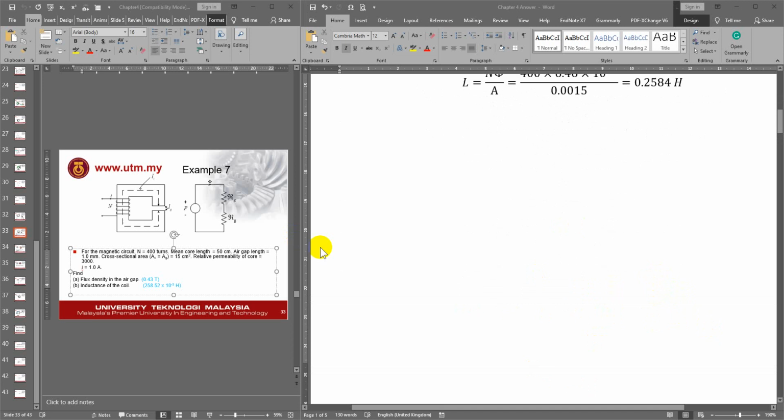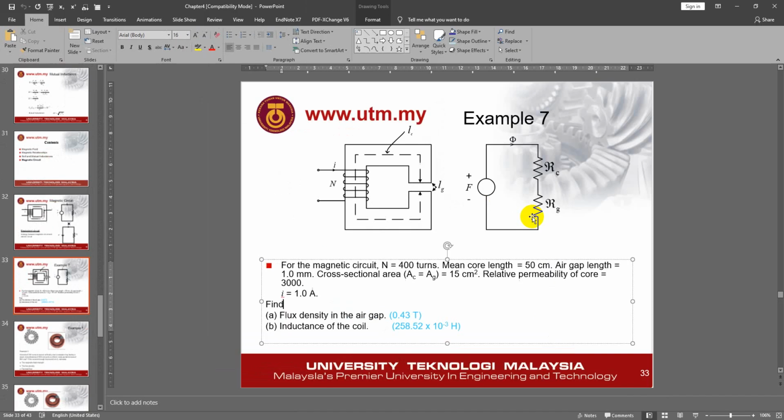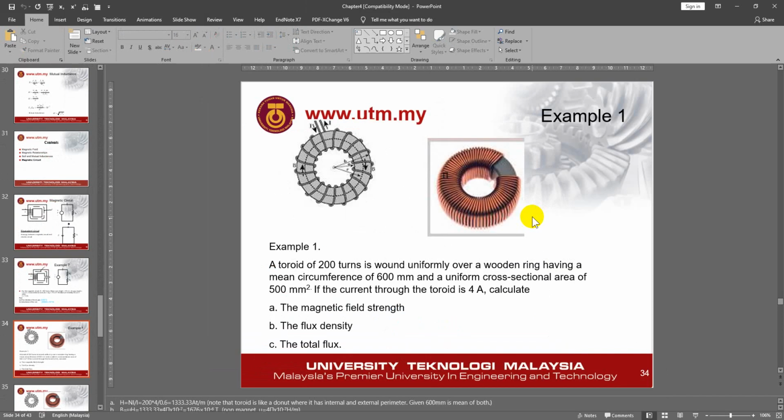So we move on to the next example. Example 1. You can see a toroid. A toroid is just a round shaped core. It has 200 turns, which means the winding is 200, over a wooden ring.